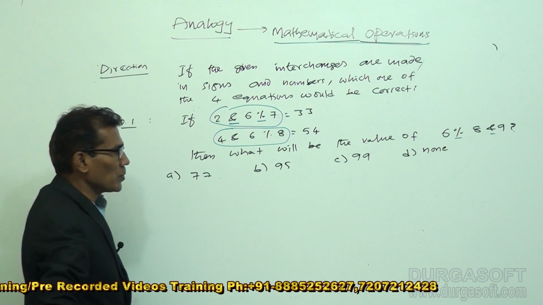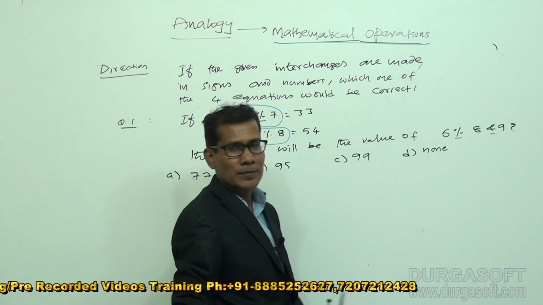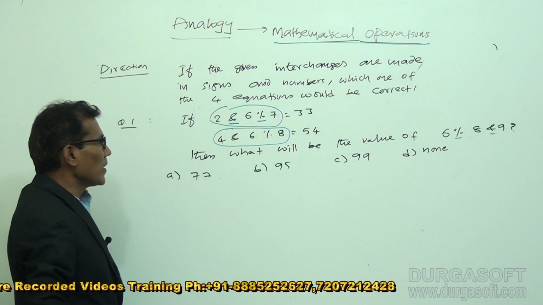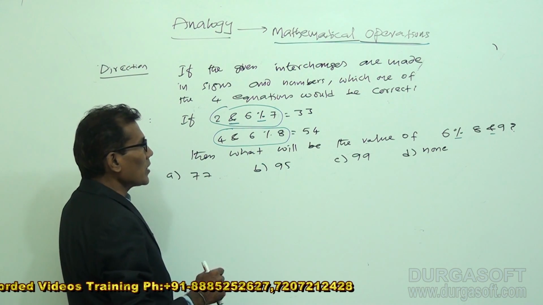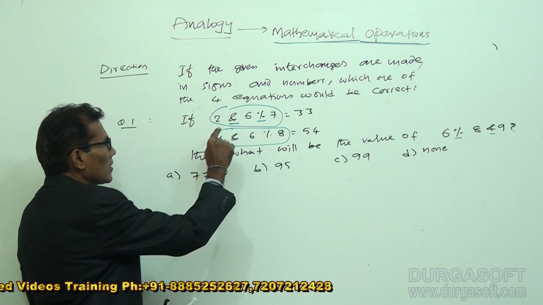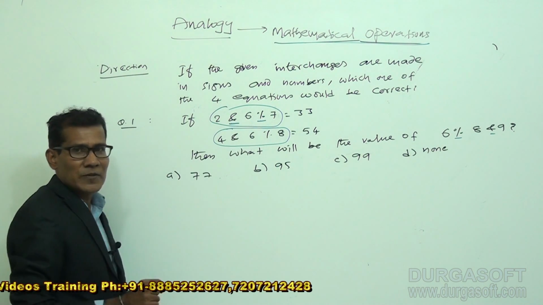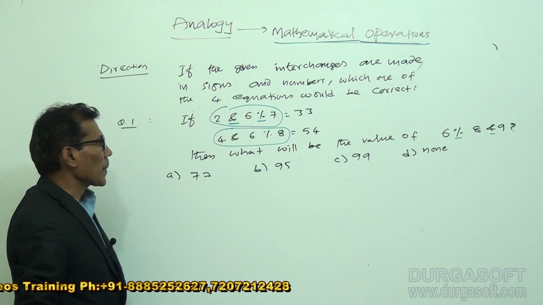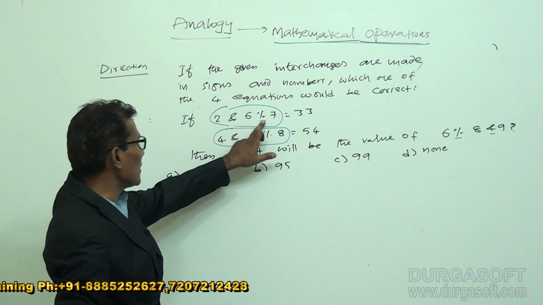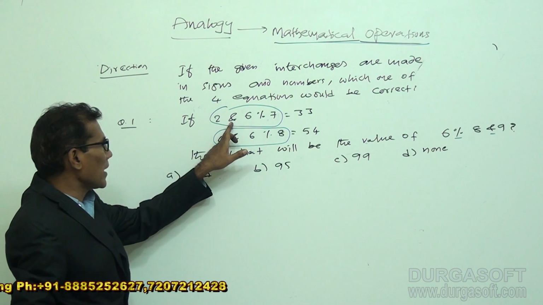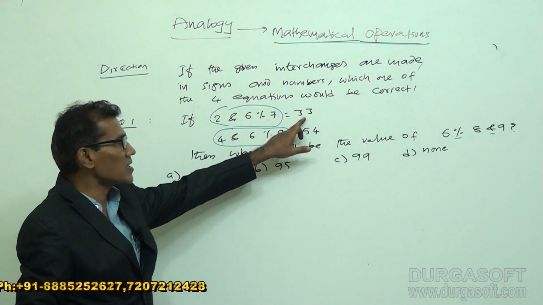The same meaning should be applied here, then we get the proper solution. Then we should be able to play with the numbers. These two symbols stand for some mathematical operators. We need to find out what mathematical operations are involved instead of 'and' and percentage which give 33.